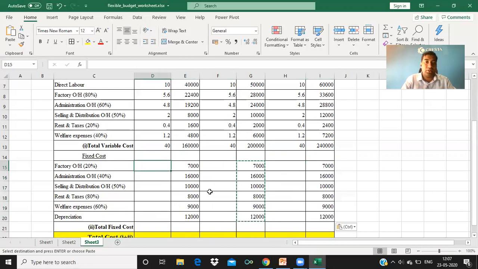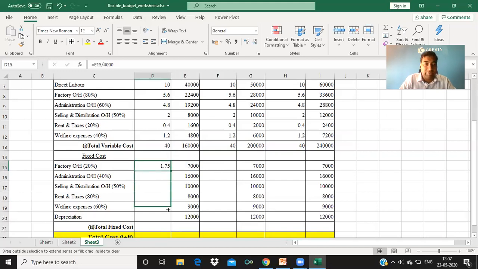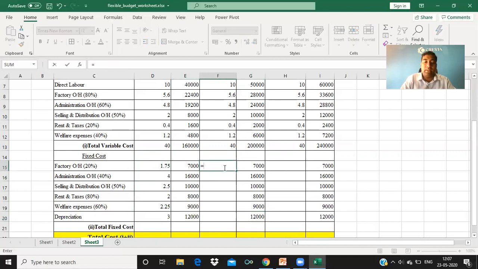Coming to the cost per unit, it will be calculated as the total cost divided by 4,000 units. Similarly, we need to calculate the cost per unit by dividing all these values by 4,000 units. And the next one is divided by 5,000 units.